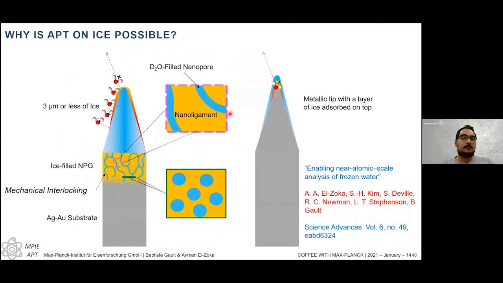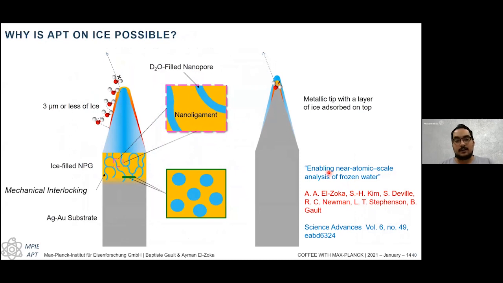Why was this possible? We're still looking at explanations, but we give a few nice postulates in our recent paper in Science Advances, titled Enabling Near Atomic Scale Analysis of Frozen Water.